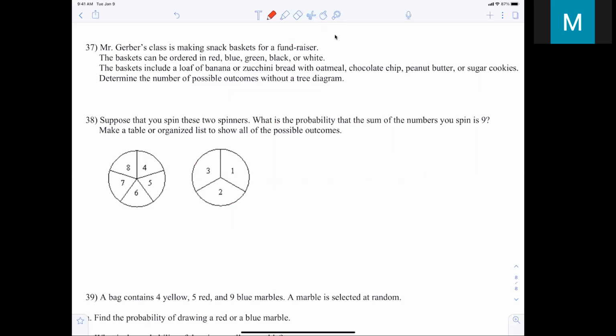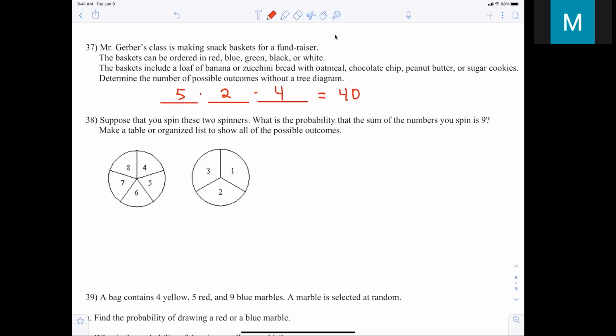Determine the number of baskets without a tree diagram. So how many events do we have? 3 events. The first one's 5, the second event is 2, and the third event is 4. 5 times 2 times 4 makes 40. Wow, okay, thank you. 40 outcomes, I should say.